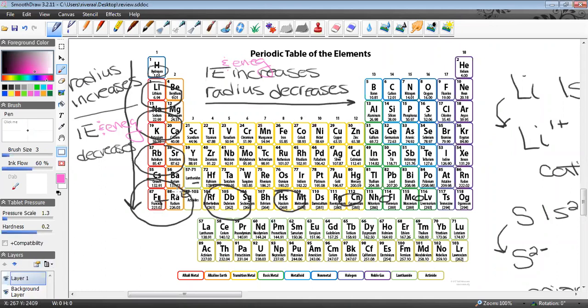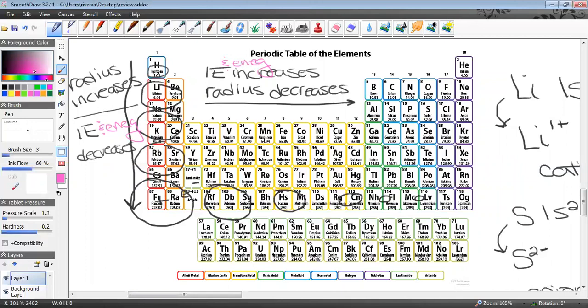So if francium has its electrons super far away from its nucleus, it barely loves its own electrons. It's definitely not going to be able to pull on another atom's electrons in a bond. Okay, so that's why when you go down a group, there's really low electronegativity values. And when you go across a period, there's really high electronegativity values because the atoms get really small.